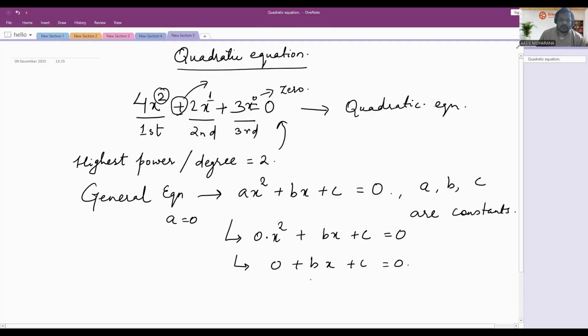So in this case, if it is equation 1, just have a glance on equation 1. Can you see what is the maximum power here in this case? In equation 1, bx is raised to the power 1, or bx plus c is equal to 0. So what is the degree here? It is 1. So it is not considered to be a quadratic equation.